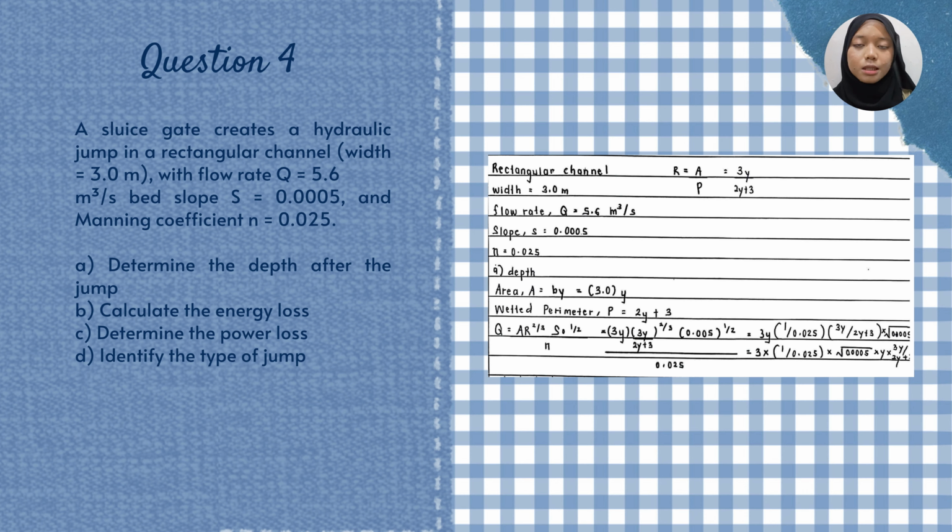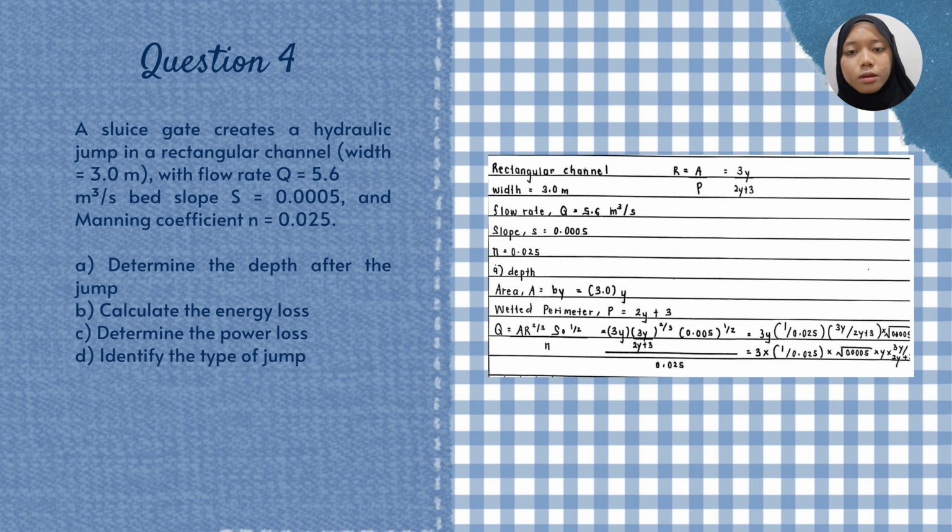First, this is a rectangular channel. So the area is using the formula A equals B times y, which is 3y. And using the P formula, P equals 2y plus 3, and then we use the Manning equation, which is Q equals A R to the power of 2/3 times S to the power of 1/2 over n.